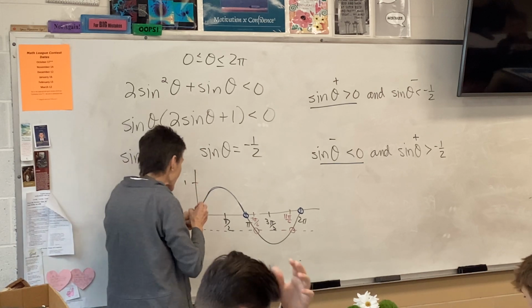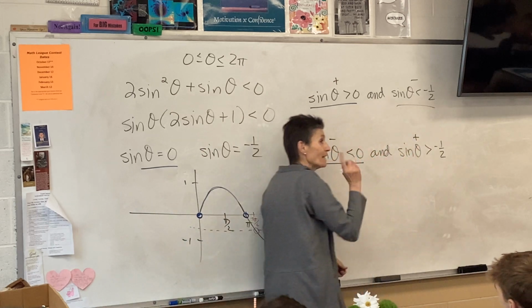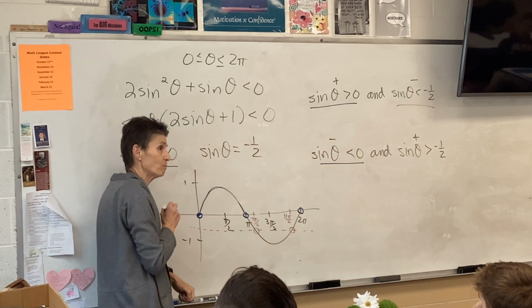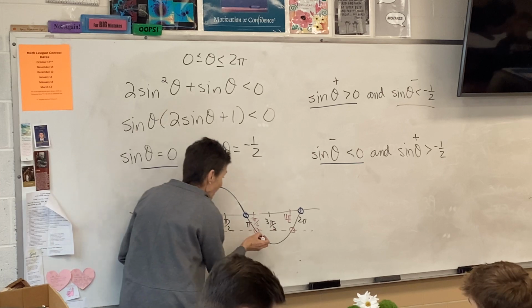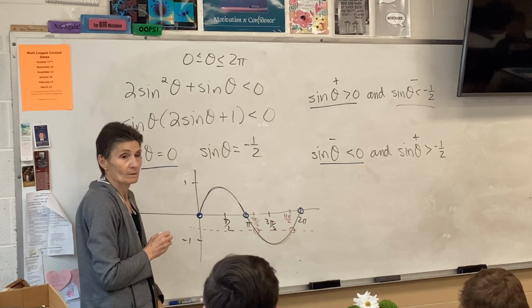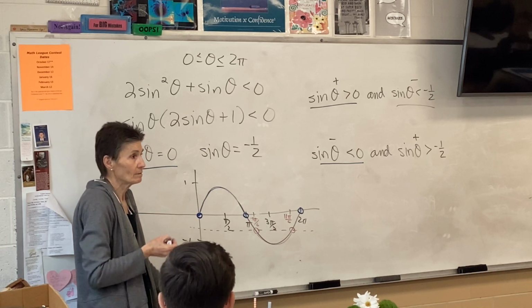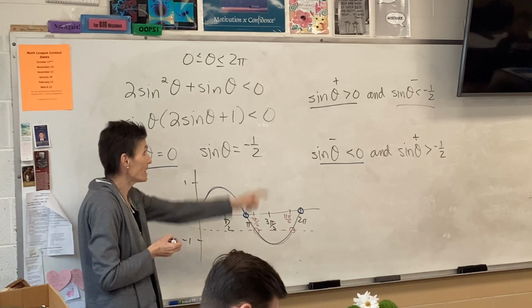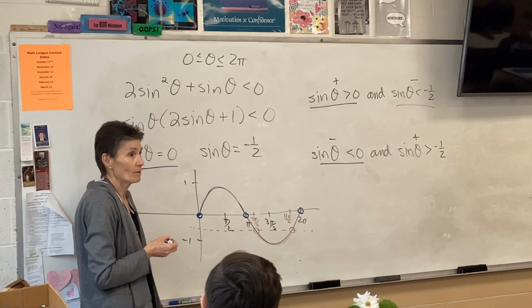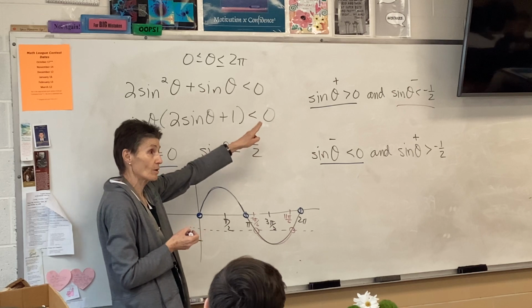But at the same time, the sine has to be less than -1/2. Well, wouldn't that be this right here? Is that possible? Anything blue and red? Gotta do both. And there are no numbers that that's gonna work for. So that case doesn't work.